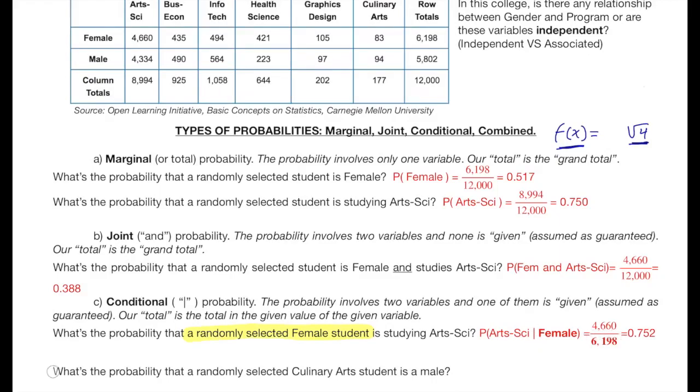Another example. What's the probability that a randomly selected culinary arts student is a male? This is the probability of male given culinary arts, because we are focusing only on those who study culinary arts. There are 177 of them, among whom only 94 are men.